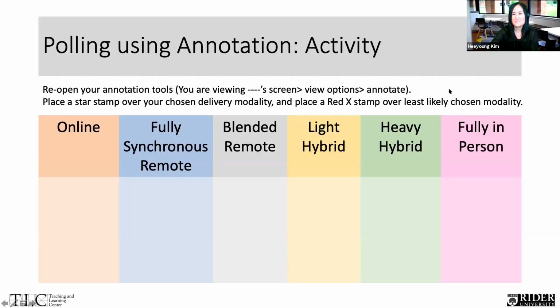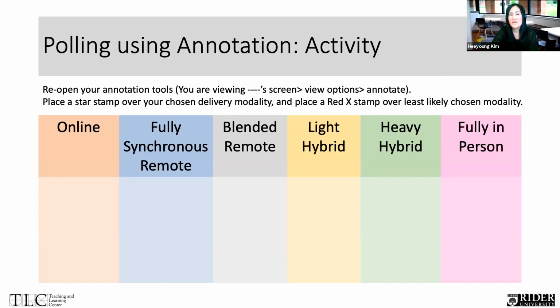So let's do this. I would like to know what you decide. So go to the view option, open annotate, and find the stamp. There are six different stamps available.